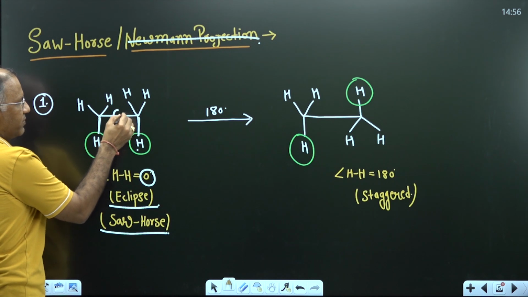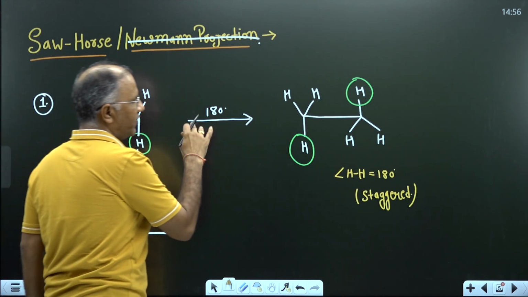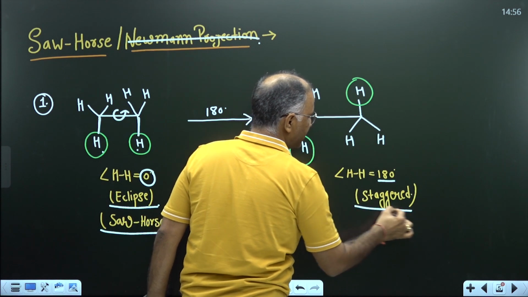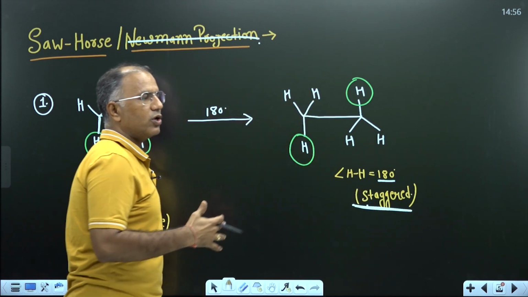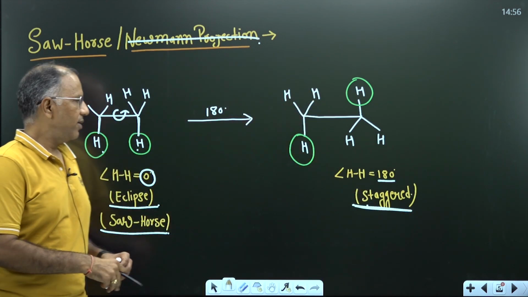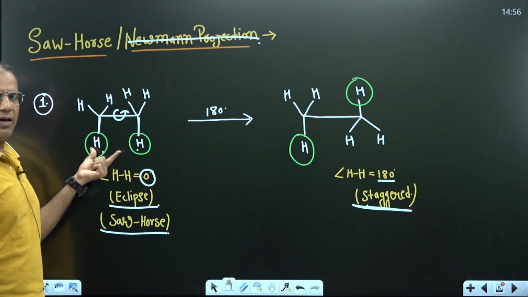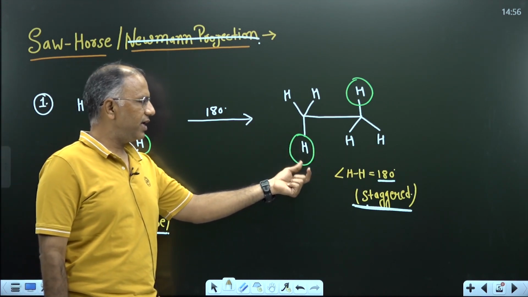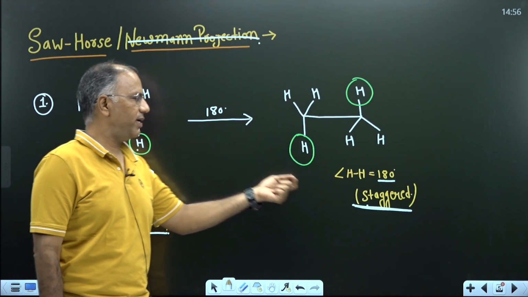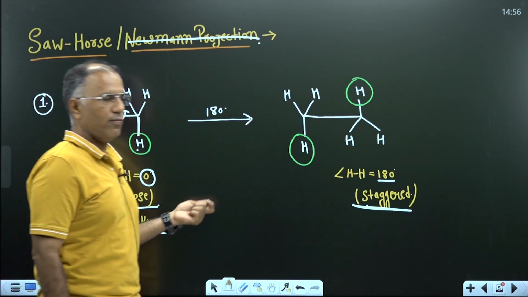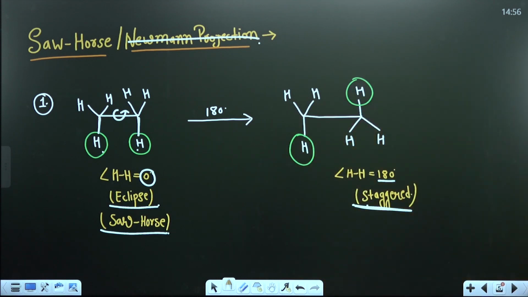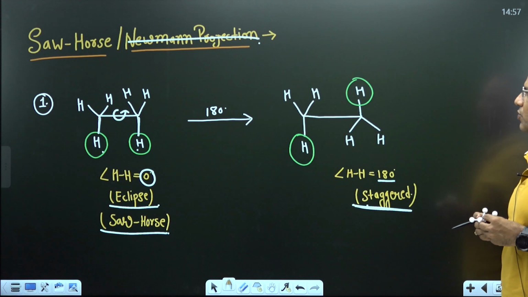If I rotate this by 180 degrees, the H-H angle is 180 degrees and it is known as the staggered conformer. Both are Sawhorse projections. If the H-H is parallel, it is 0 degree, eclipsed; if the H-H is 180 degrees, it is staggered. Just write this in your notes first.